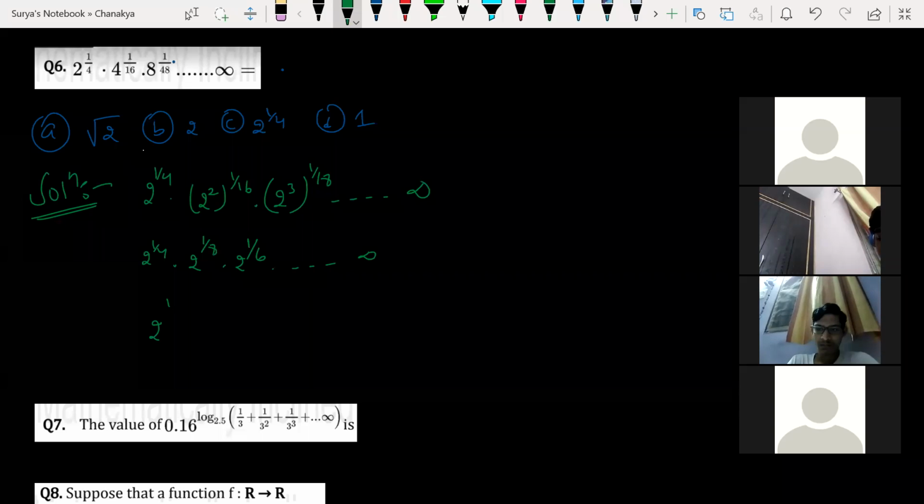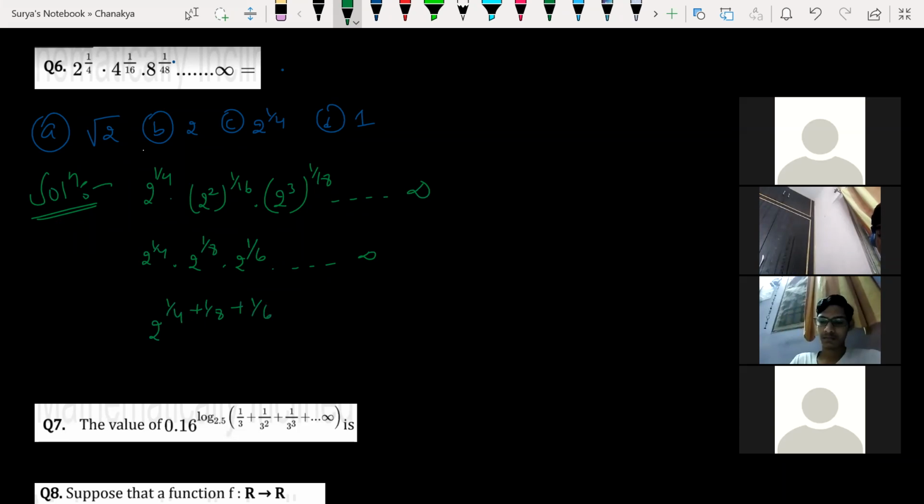So bases are the same, I can add the powers. That's how I wrote 1 by 8 and 1 by 6, and so on till infinite. What does it give you? 2 to the power of 1 by 2 into 2 to the power of 1 by 2, which is 2 to the power of 1 by 2 into 1 by 2.